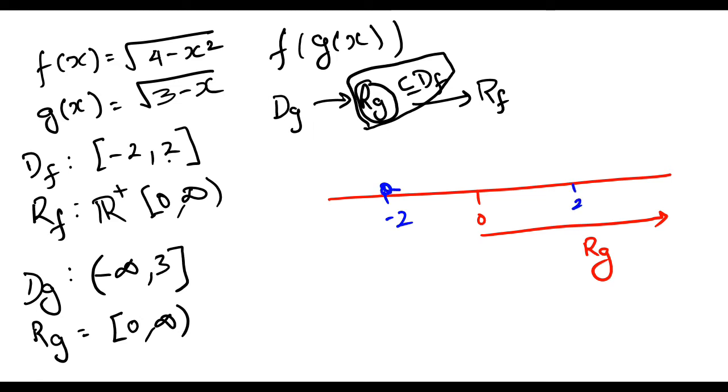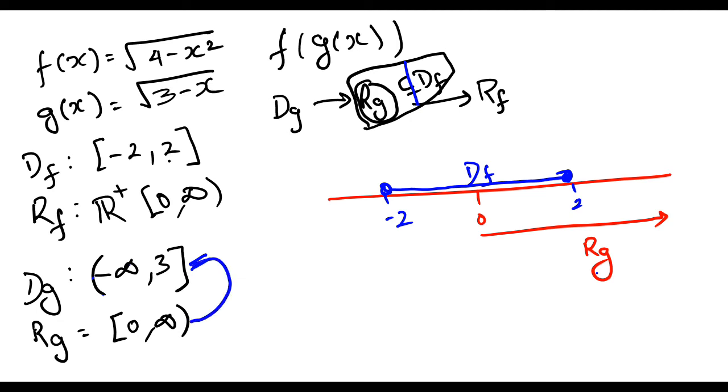So this is the domain of f, and definitely the range of g is not a subset of the domain of f in this case. Therefore, the composition of functions will not be possible for all values of x that you are taking from the domain of g. So I cannot input any value from minus infinity to 3.